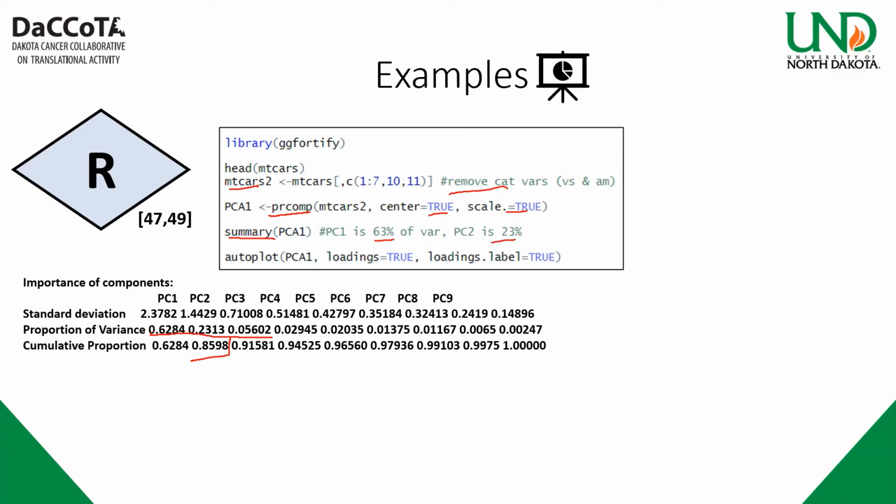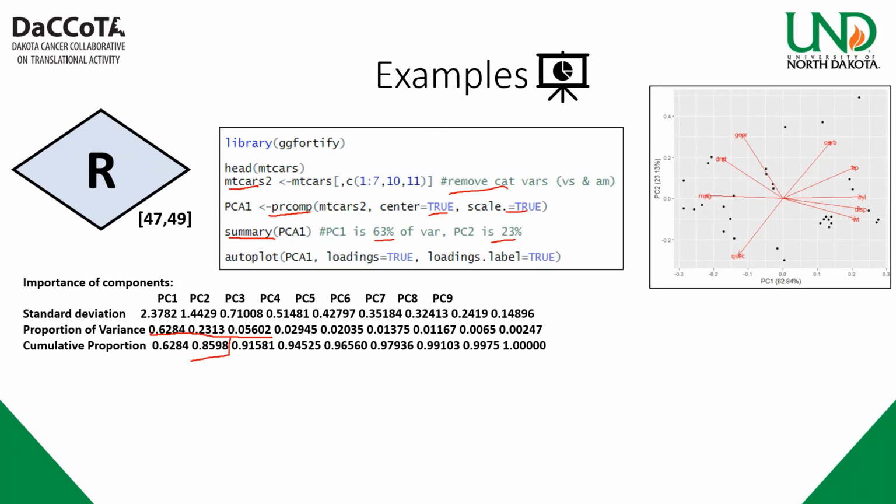And then we can plot this with autoplot. We can see our axes here and then our different variables. We see that, for example, cyl is very positively associated with the first axis, while miles per gallon is very negatively. None is really great for the second one, but gear and carb are a little bit closer.